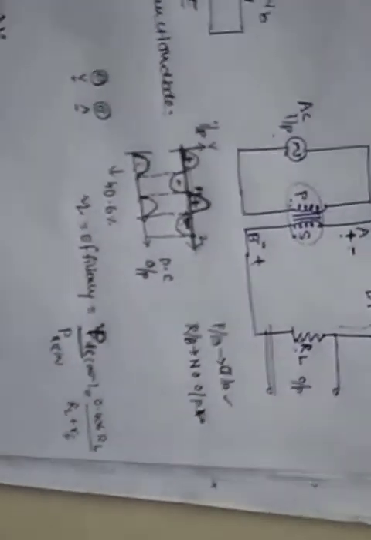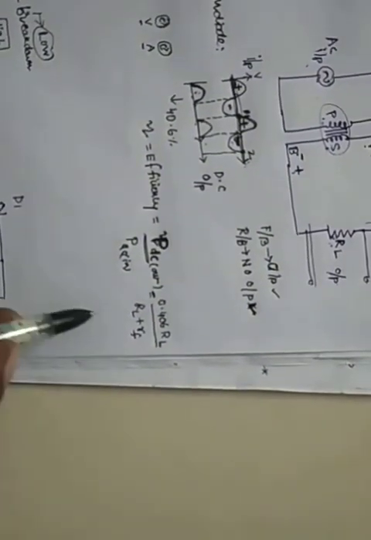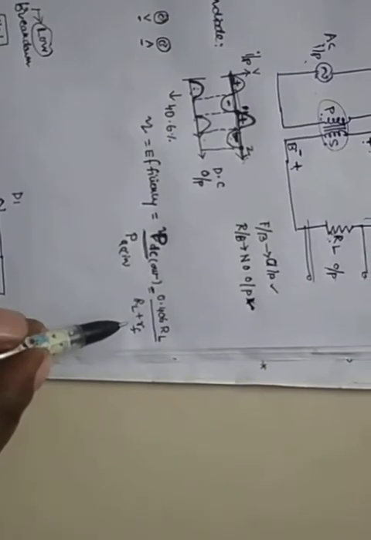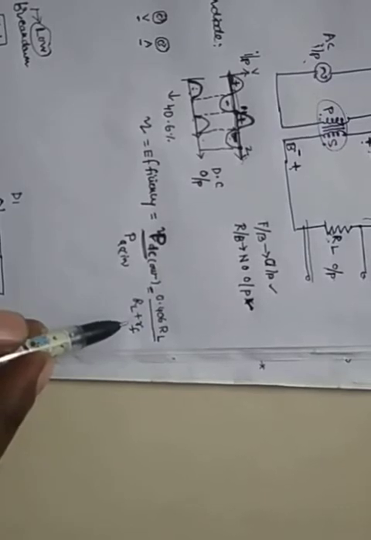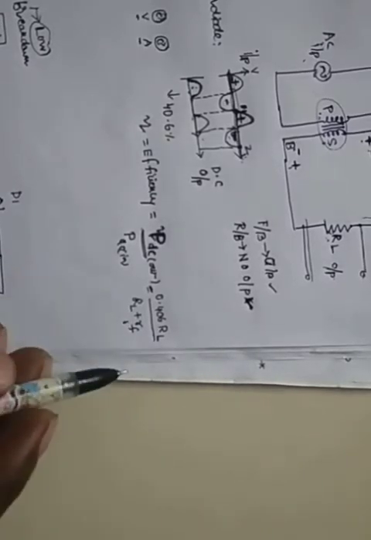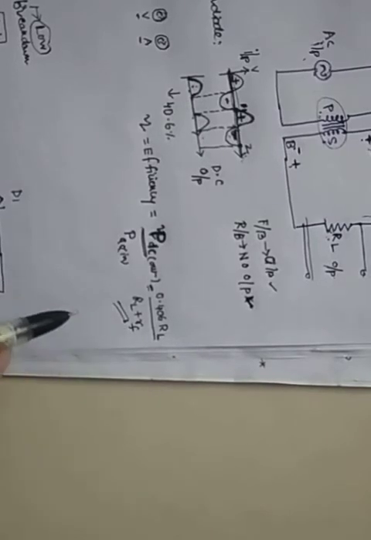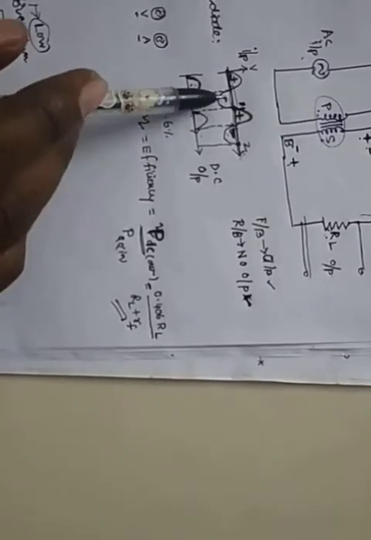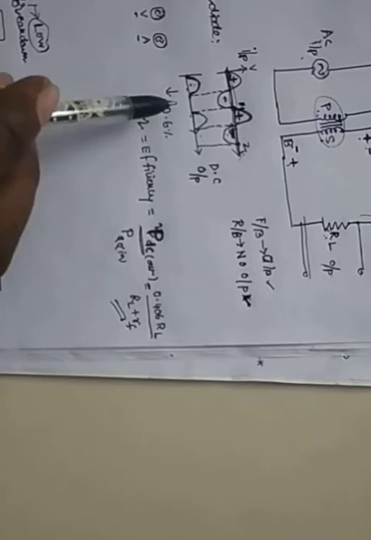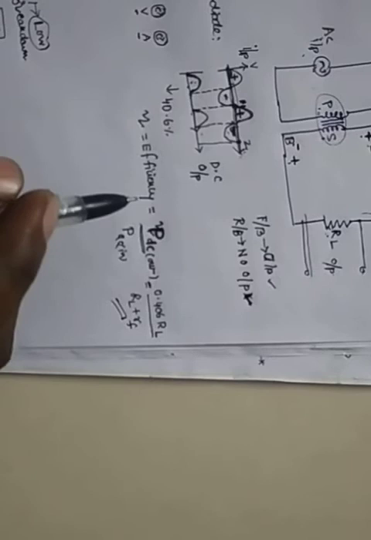So this RF is called what? The resistance of the diode in the forward biased condition. Okay, that is about the efficiency. That means from 100% of input, you are getting only 40.6% of output through the half wave rectifier.